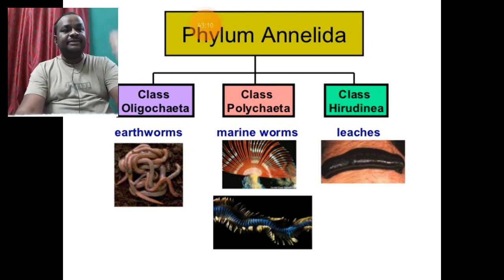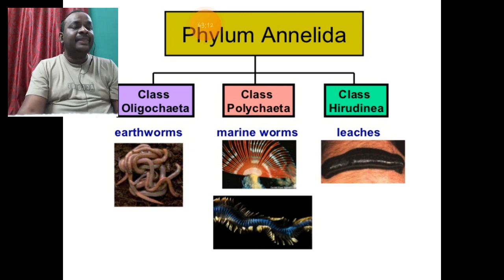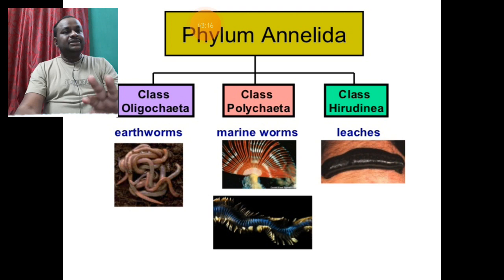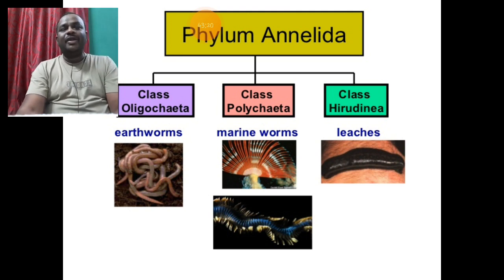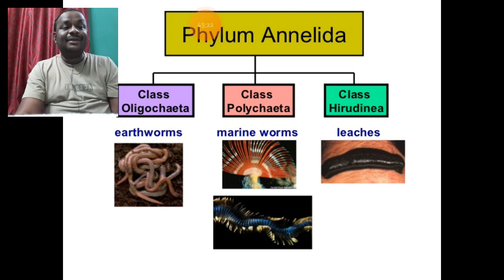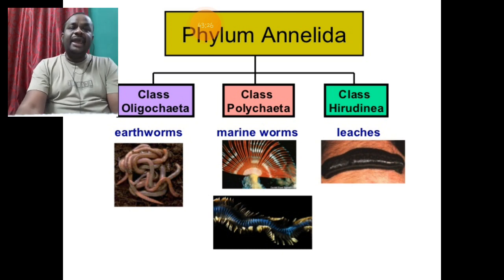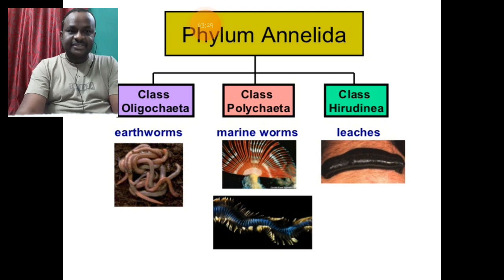The best examples are Sabella in the first diagram above and the Nereis organism below. Then the third class of organisms is Hirudinea. This Hirudinea class includes examples such as leeches.